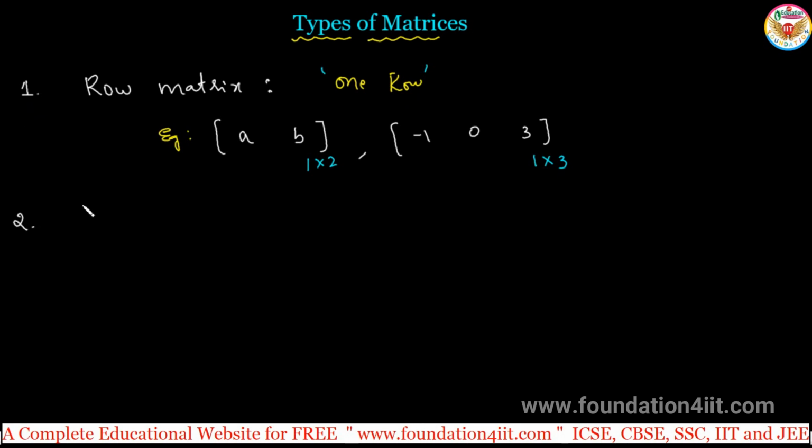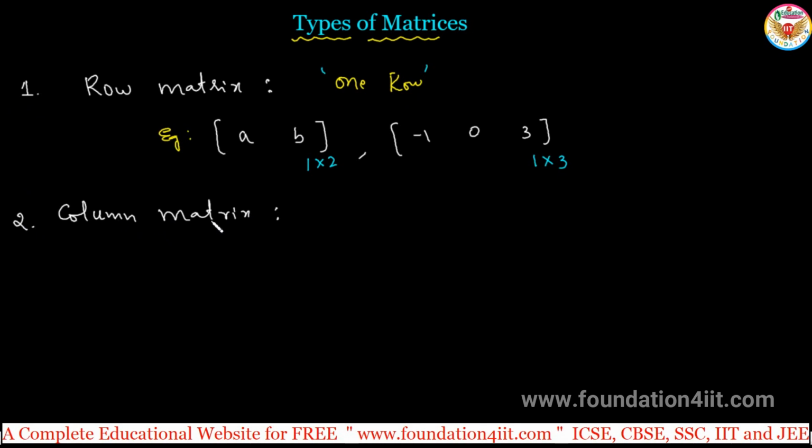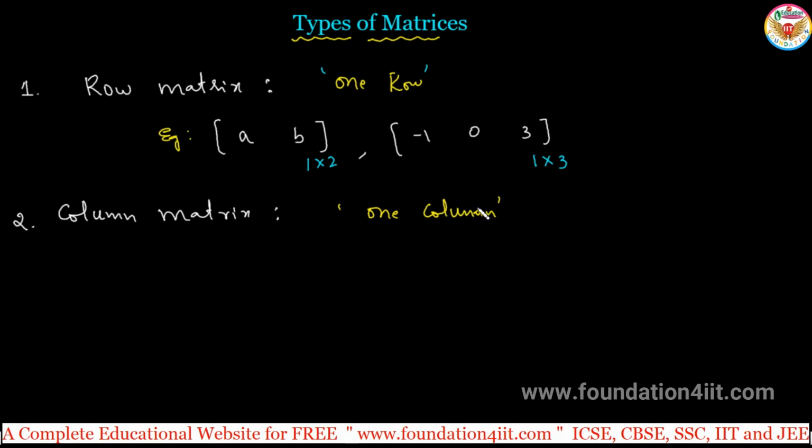Next one, column matrix. You can see the meaning in this. Row matrix has only one row, right? So column matrix must have only one column. A matrix which has only one column is called column matrix.